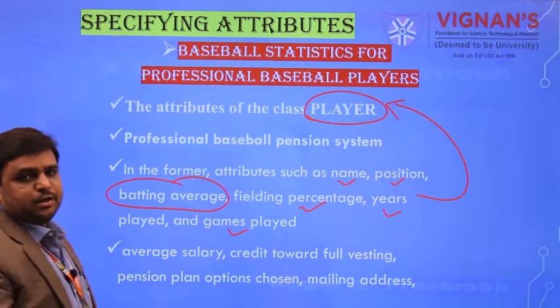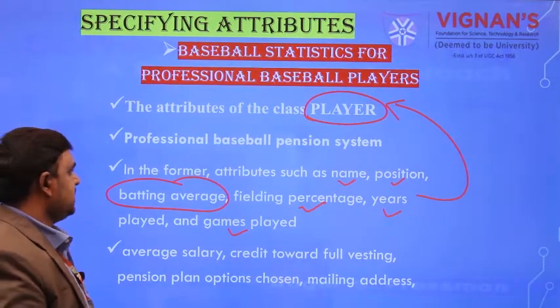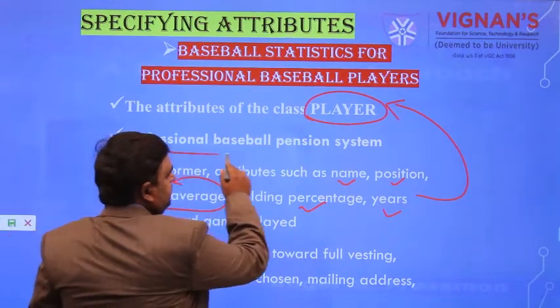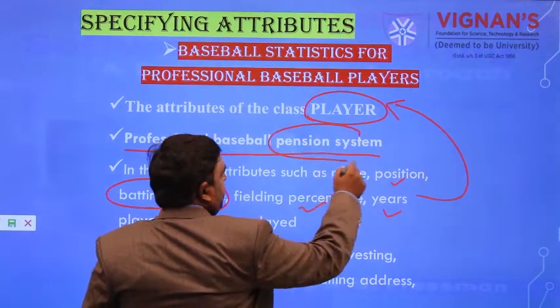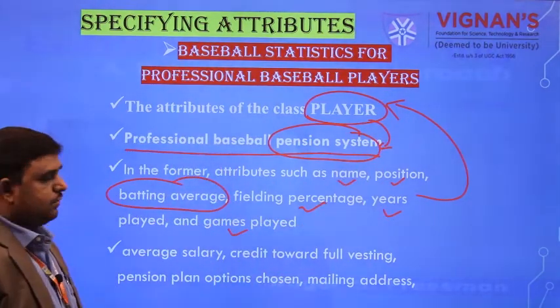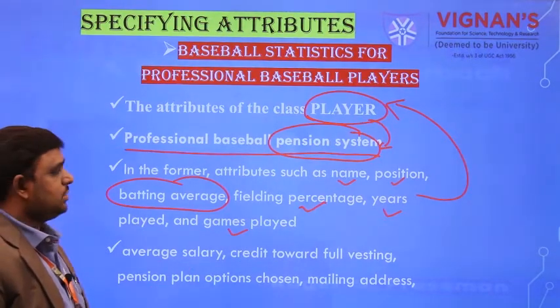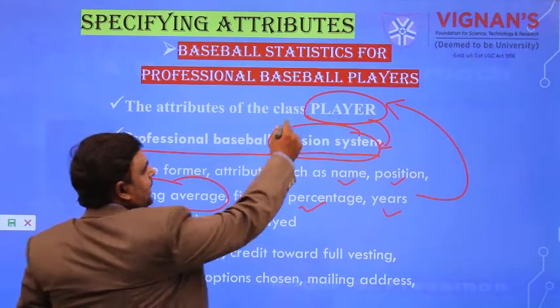In the same manner, if you are going to build a system called professional baseball players pension system, for these players you are going to create a pension system. While developing this pension system, we need to consider different attributes when compared to the player attributes.